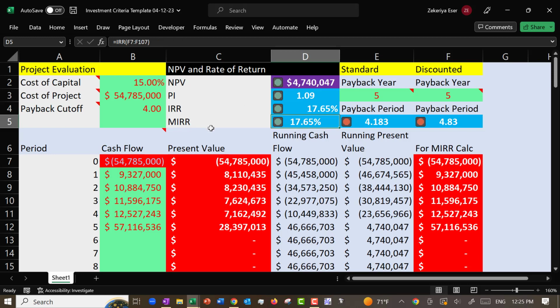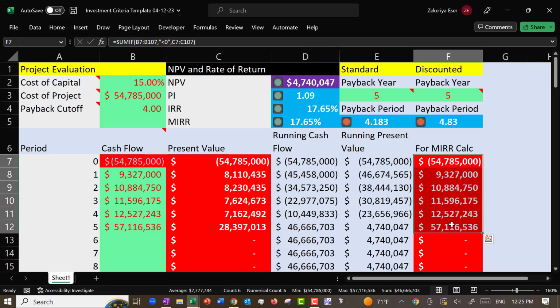This modified internal rate of return is something that applies if there are negative cash flows in the future. It basically converts the cash flows. These become the cash flows, and it calculates IRR for that.